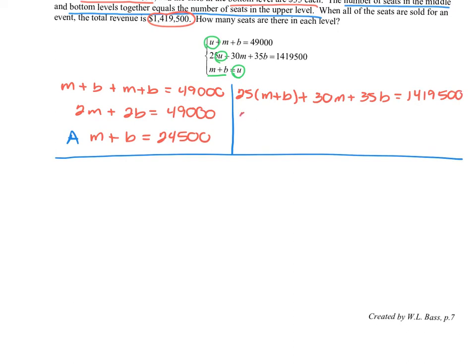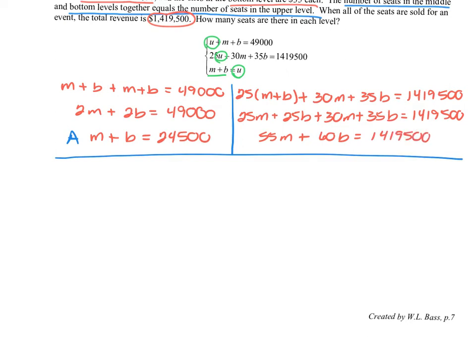Start cleaning that up: 25m plus 25b plus 30m plus 35b still is 1,419,500. Continuing to clean things up, collecting my like terms, I have 55m plus 60b equals 1,419,500.